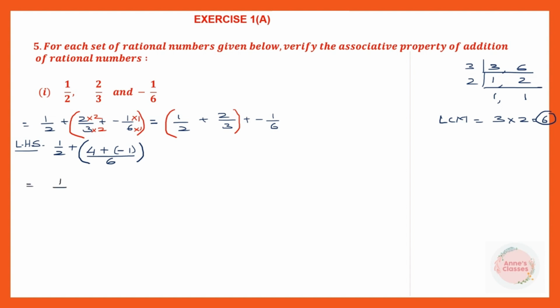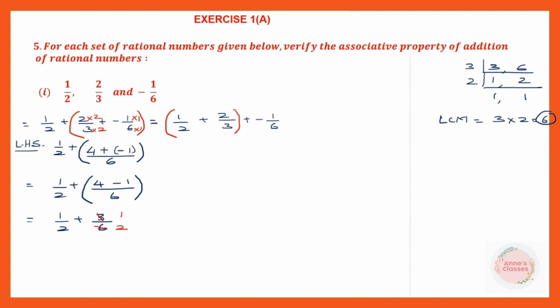Now let's continue. 1 by 2 plus, let's work out what's within brackets now. 4 minus 1 by 6. Close brackets. Then it becomes 1 by 2 plus 4 minus 1 is 3, 3 by 6. Now you can continue this way itself, or you can even reduce this to the lowest term. So let's try and reduce it. 3 1s are 3, 3 2s are 6.